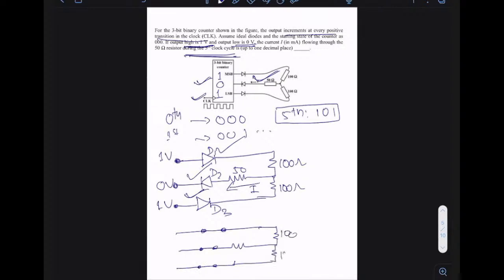This is 100, this is 100, and this is 50. And here it is connected to 1 volt. So I can think of a 1 volt source like this. Here also it is 1 volt, right? So I can think of this as minus, this as plus, and this as 1 volt. And this is 0 volt, which means I can think of this as my ground point.